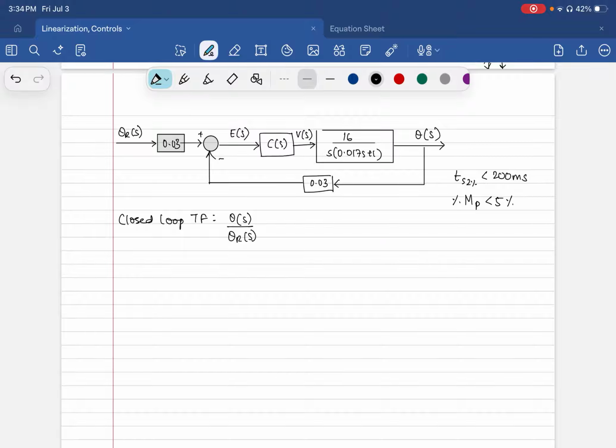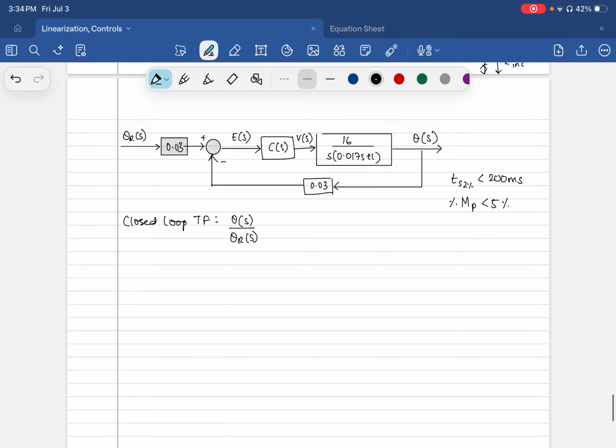You can define this if you look at this very carefully. You will have theta of s over theta r of s is equal to 0.48 c of s, that's the control system transfer function, over s times 0.017 s plus 1 plus 0.48 c of s.